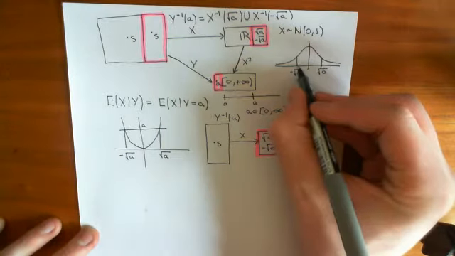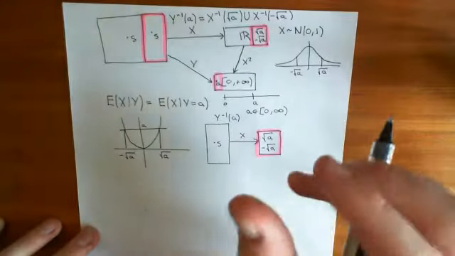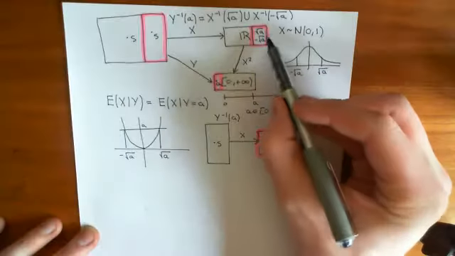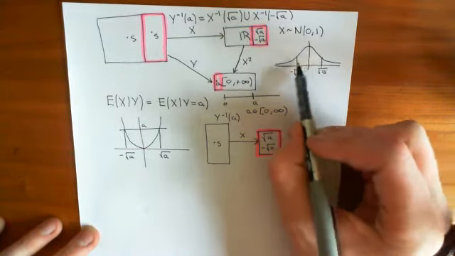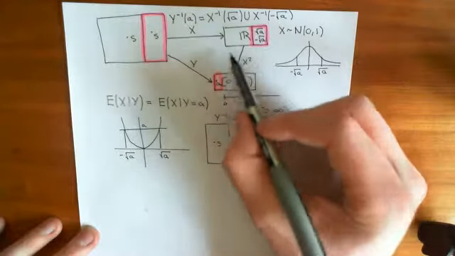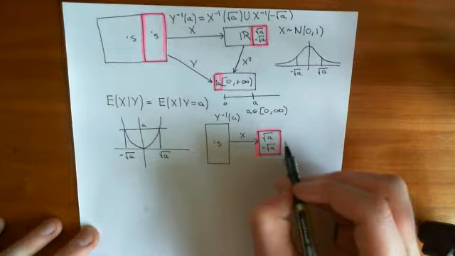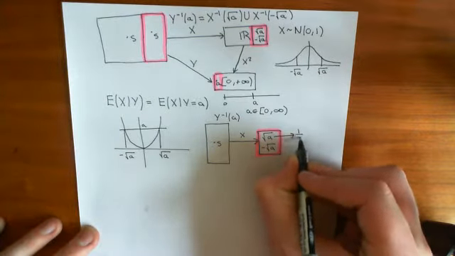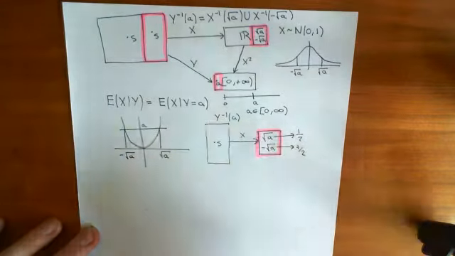What you'd have to do is draw little intervals around each of them and then do it as those intervals approach 0. But hopefully it should be pretty obvious that if these two had equal probability densities in this larger probability space, then here their probability mass functions are also going to be equal. So the probability mass function that you get the square root of a should be a half, and the probability mass function that you get negative the square root of a should also be a half.